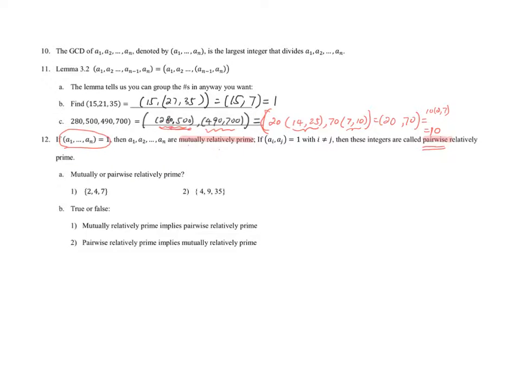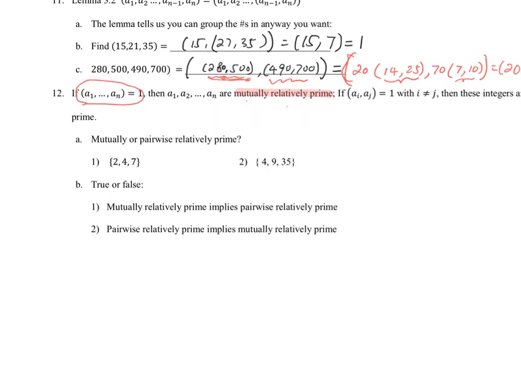Now let's check on these couple problems. Is the first one mutually or pairwise relatively prime? By the way, if you look at the definition, mutually is relatively weak, and pairwise is pretty strong, because if you pick any pair, they must be relatively prime, so it's a stronger condition.